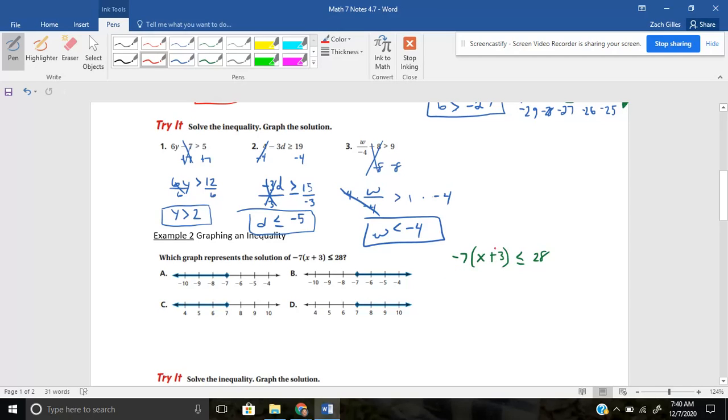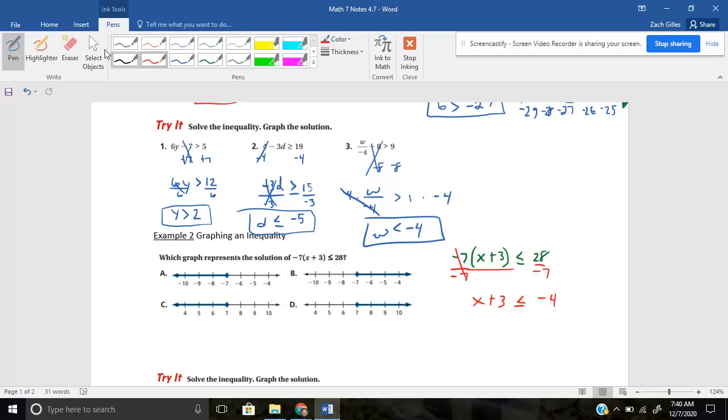So I want to isolate this, so I would divide by negative 7 on both sides first. Negative 7 divided by negative 7 is 1, so that cancels out, and I'm left with x plus 3 is less than or equal to 28 divided by negative 7, which would give me negative 4.